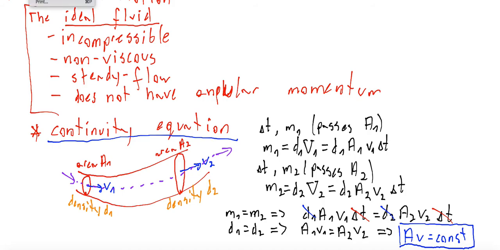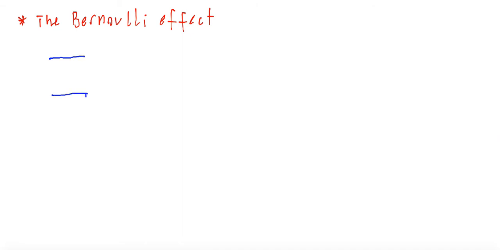Okay, so I'm changing slide, and the penultimate point: the Bernoulli effect. Let's imagine that fluid travels from this thicker region to this region, which is thinner. Remember that the continuity equation says that A times V is equal to constant.